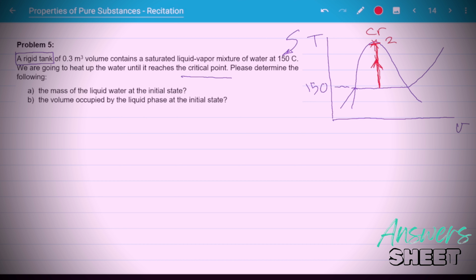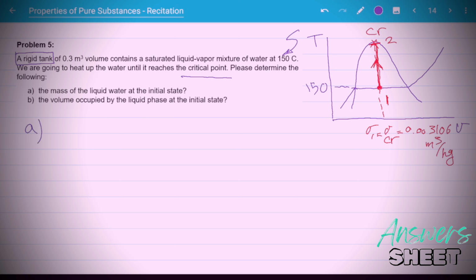Where this red line crosses the purple line is where our initial state is. So we found the initial state. Because the volume has been constant, we know that the specific volume at the initial state is equal to the specific volume at the critical state, which we already know is 0.003106 meters cubed per kilogram.